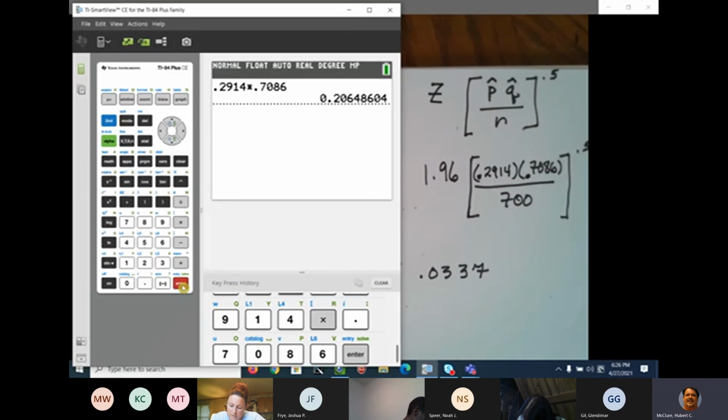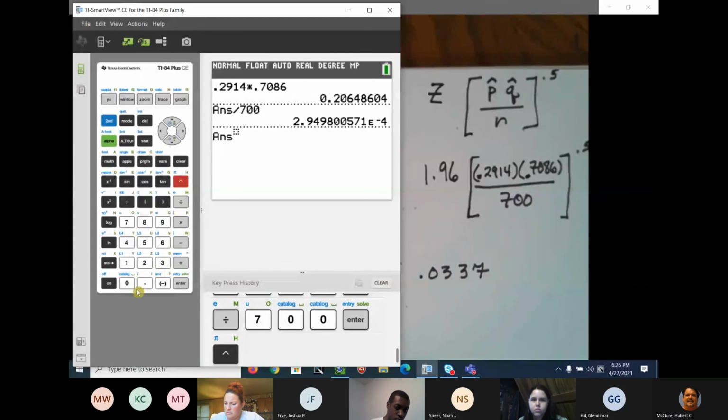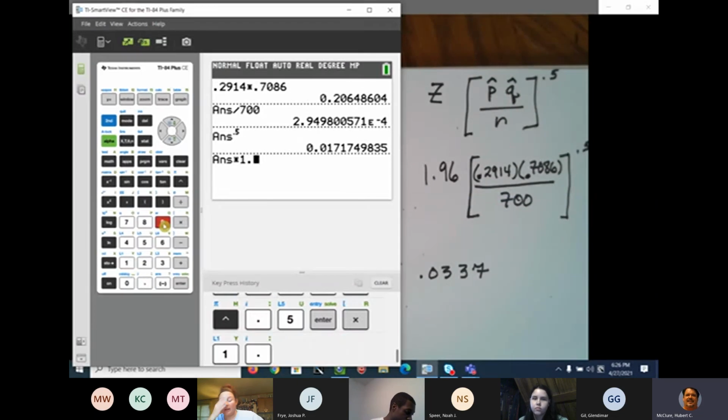Okay. Now divide that by 700. I got 0.00029498005771. Yeah, mine comes up as scientific notation. Yeah. Now raise that to the 0.5. 0.0171. And then multiply that by 1.96.